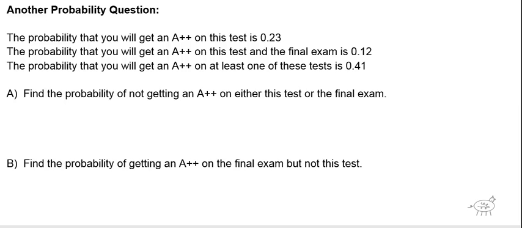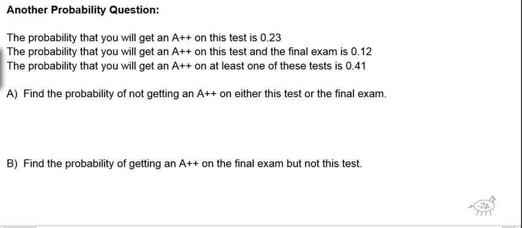All right. So let's look and see what they're asking for. It says find the probability of not getting an A++ on either this test or the final. So the deal is, you're saying you don't want an A++ on anything. You want an A++ on nothing. So let me draw out the scenarios here. I think this is just kind of good to draw this out.